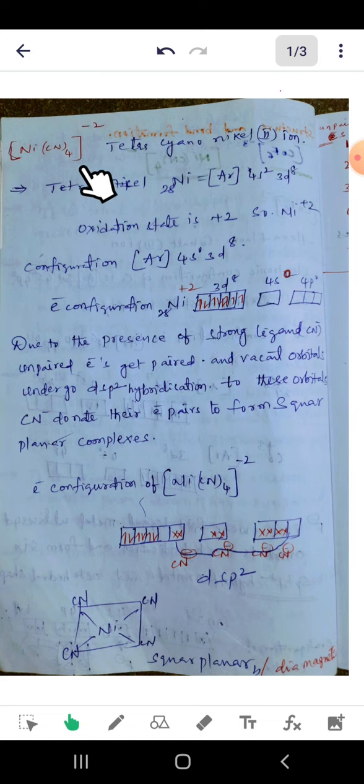So how many ligands are there? 4 ligands, so 8 electrons are coming. These are also strong field ligands, so electron pairing takes place.